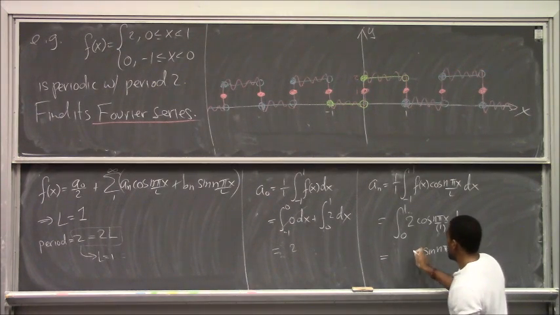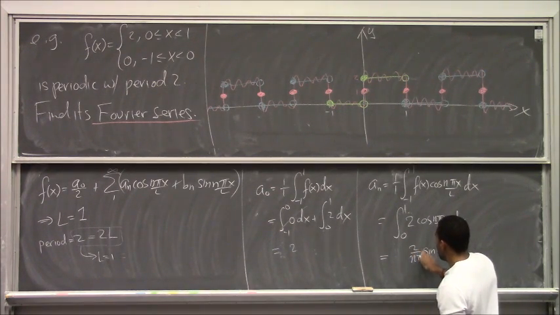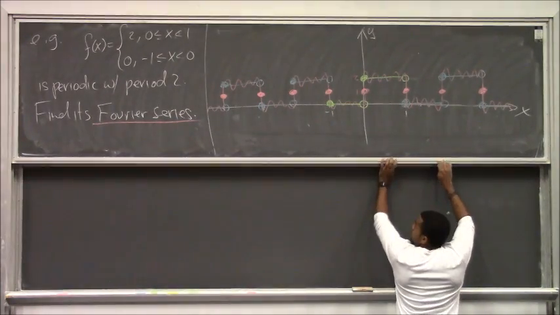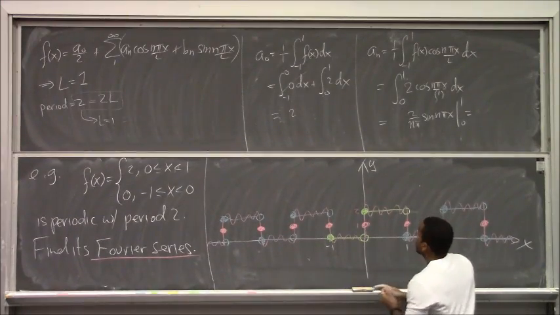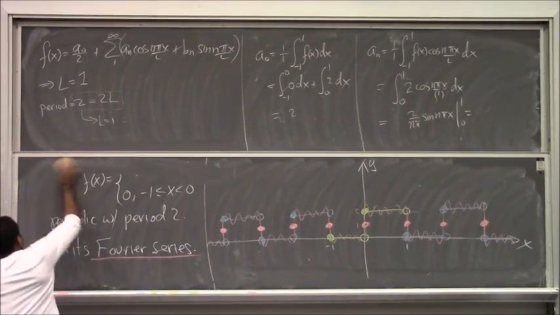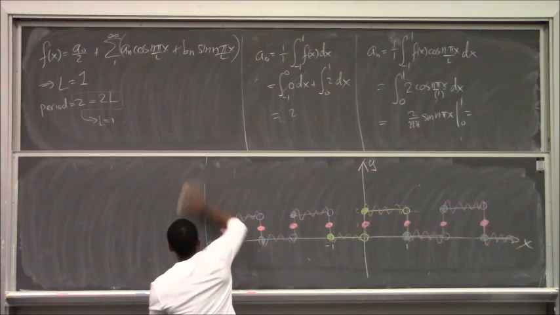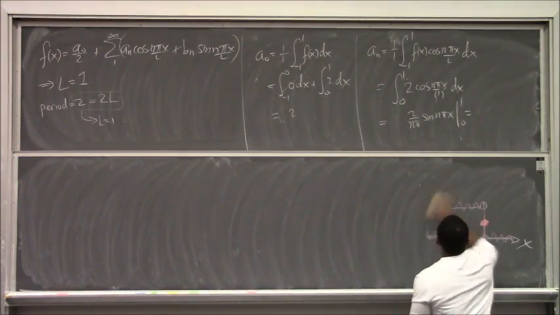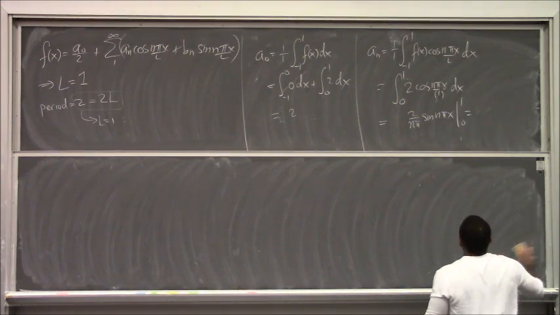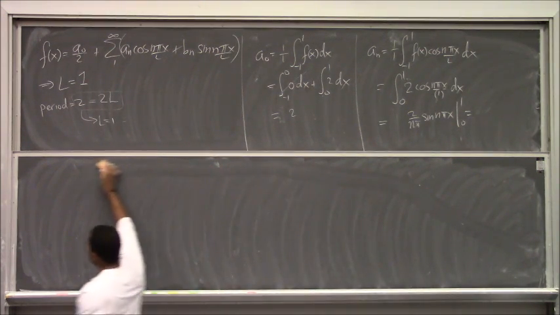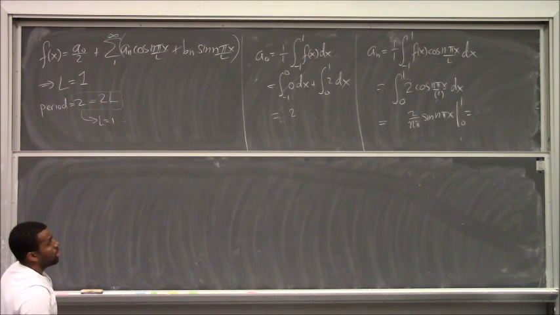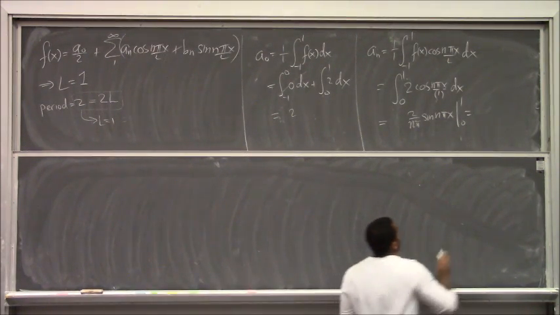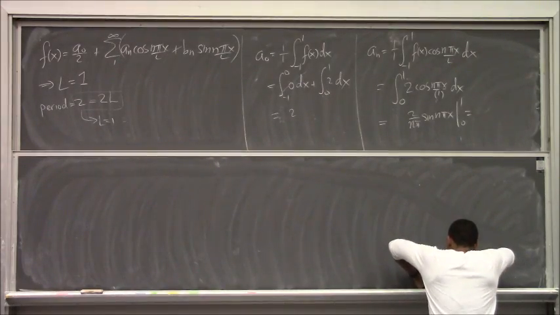You divide by the coefficient, so it's 2 over n pi times that between 0 and 1. So if I plug in 1, what's going to happen here? That's going to be 0. And if I plug in 0, it's going to be 0. So all the an terms besides the first one are 0.